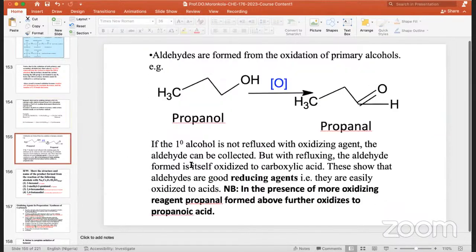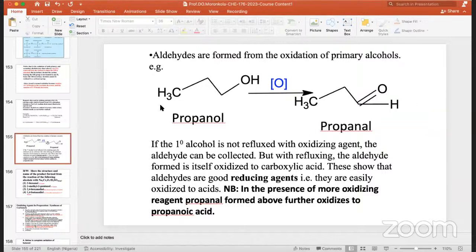Now, where you have this propanol as an example, let me quickly say that even though the first stage of the reaction is the formation of propanal from the propanol, this reaction will not stop here because it's a primary alcohol we're starting with, and if we reflux, that is, we add heat, it will proceed to the formation of propanoic acid, which I'm not showing on this chart.